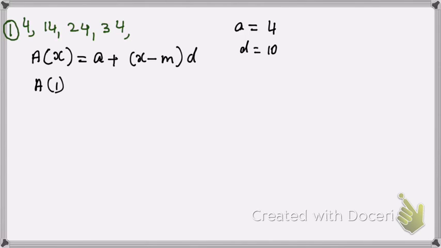The value of a of 1 is 4, right? Or you can even find the value of a of 2. Because then we have only one unknown in this equation, which is going to be m, right?